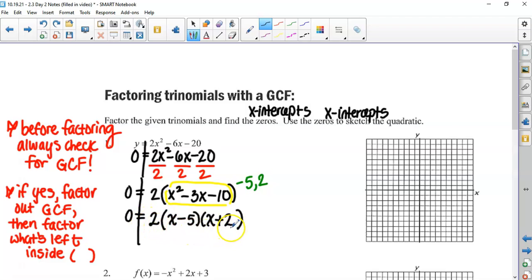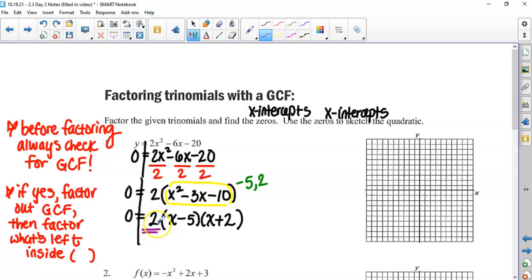Our next step is to say, okay, what value of x makes this 0? Or what value of x makes this 0? Side note, this 2 doesn't play any role in our next step, because that just determines, is this a vertical stretch or a vertical compression? The a value, when it's just a constant like this, just a number, has no effect on the x-intercepts at all. So we get to just ignore it.